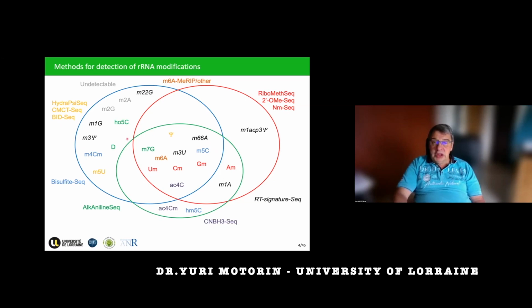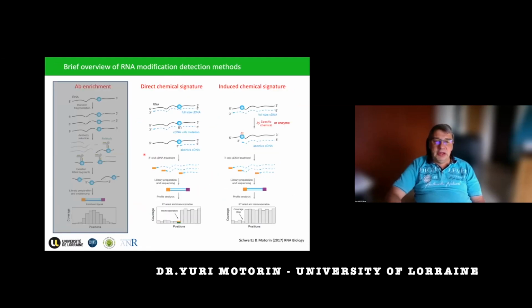We were working on RiboMeth-seq, AlkAniline-seq, and HydraPsiSeq, allowing detection of some important modified residues in ribosomal RNA and also in tRNA, because m7G and dihydrouridines are also present. I will not talk about antibody-based enrichment, because these methods are starting to be outdated and are progressively replaced, as we saw yesterday, by better-performing methods.